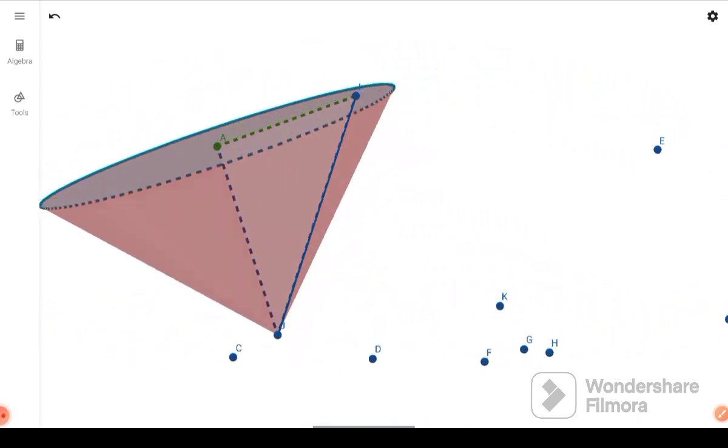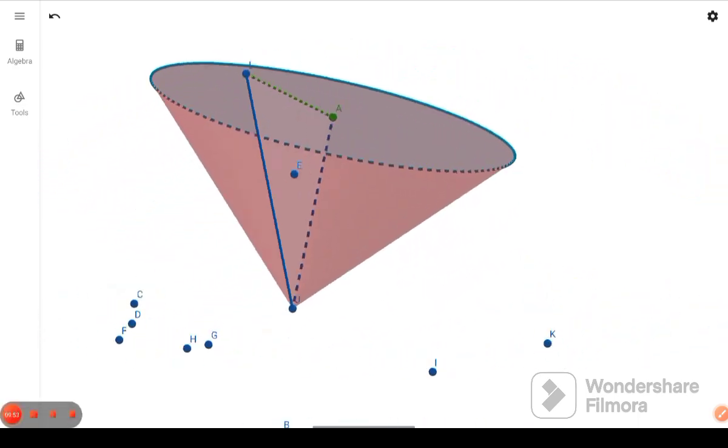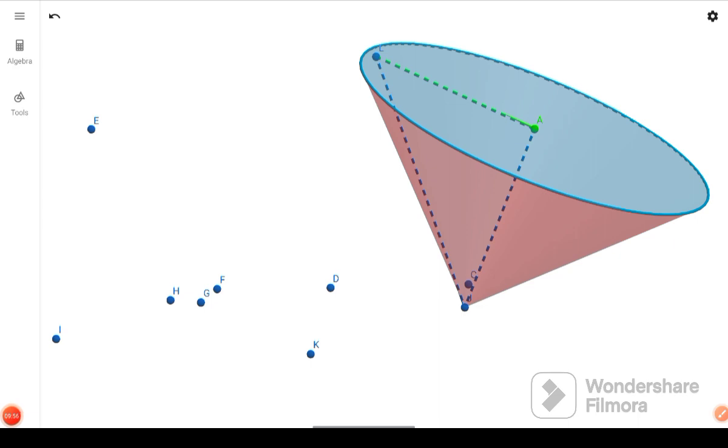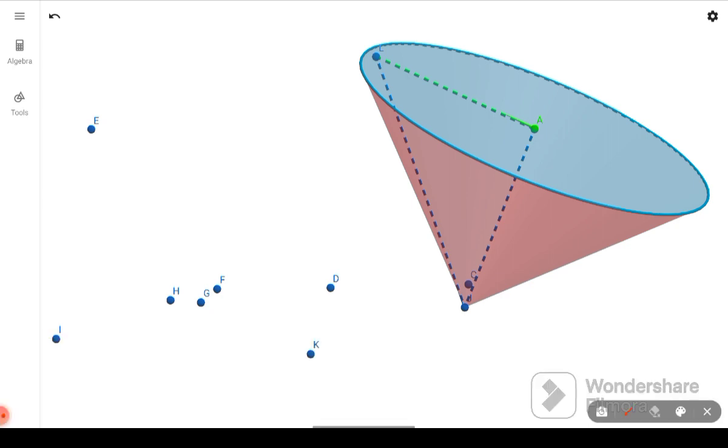Okay, so let's start again. You can see two faces are there, one plane face and another curved face. The plane face is in the shape of a circle, right? Since it is the shape of a circle, its area will be pi r square.